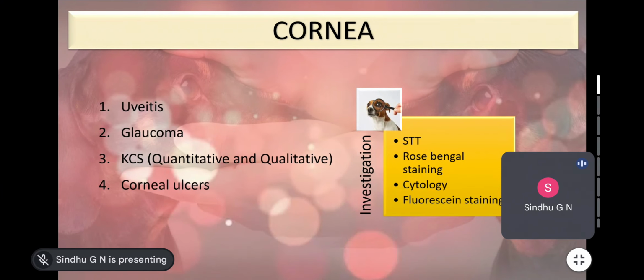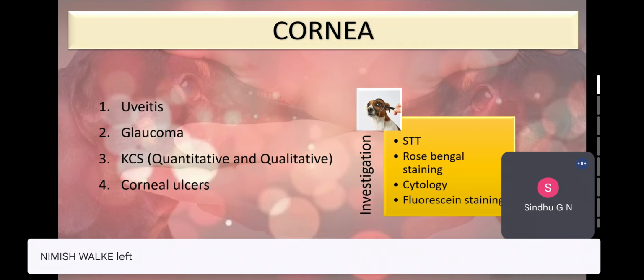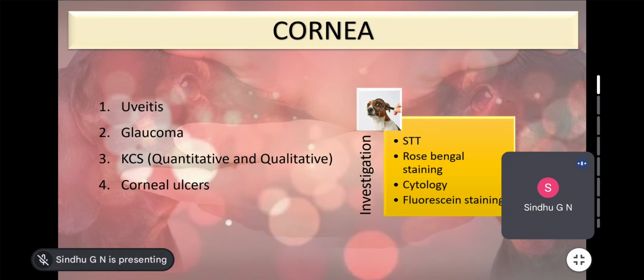Then coming to the redness in cornea. So a very common one is corneal ulcer. Other than that, KCS or dry eye, which is quantitative or qualitative, can cause redness of cornea. Then glaucoma and uveitis. Corneal redness is basically because of vascularization of the cornea.